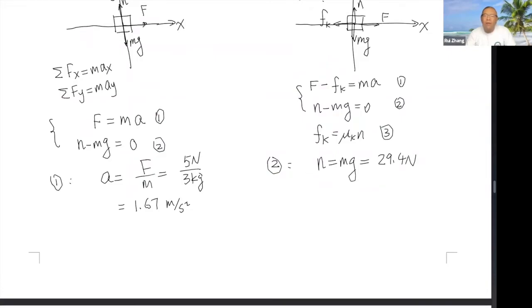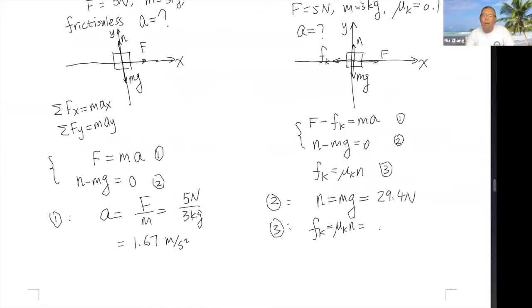After that, we go back to the third equation to solve for Fk, and plug in mu k equals 0.1. So 0.1 times 29.4, we get 2.94 Newton. So that's the friction.